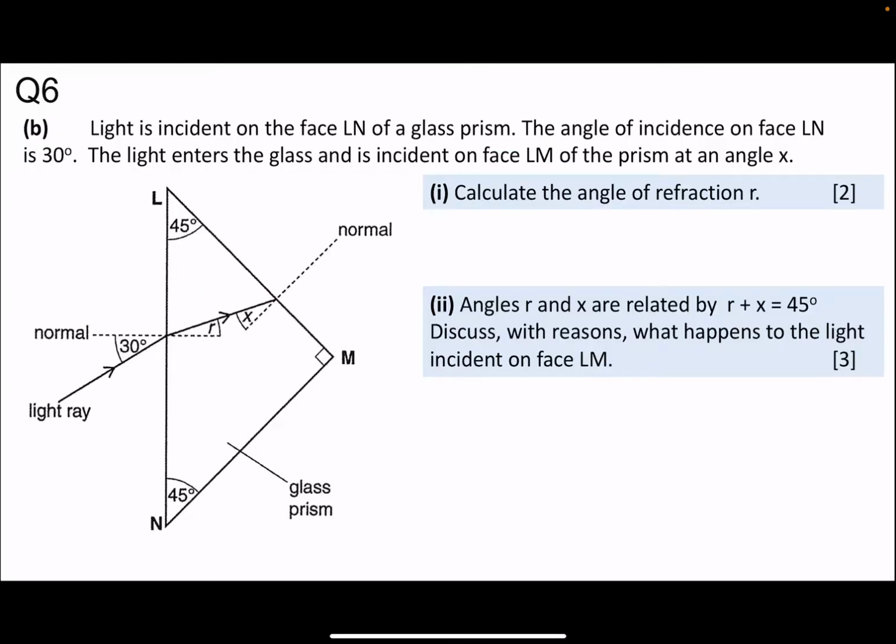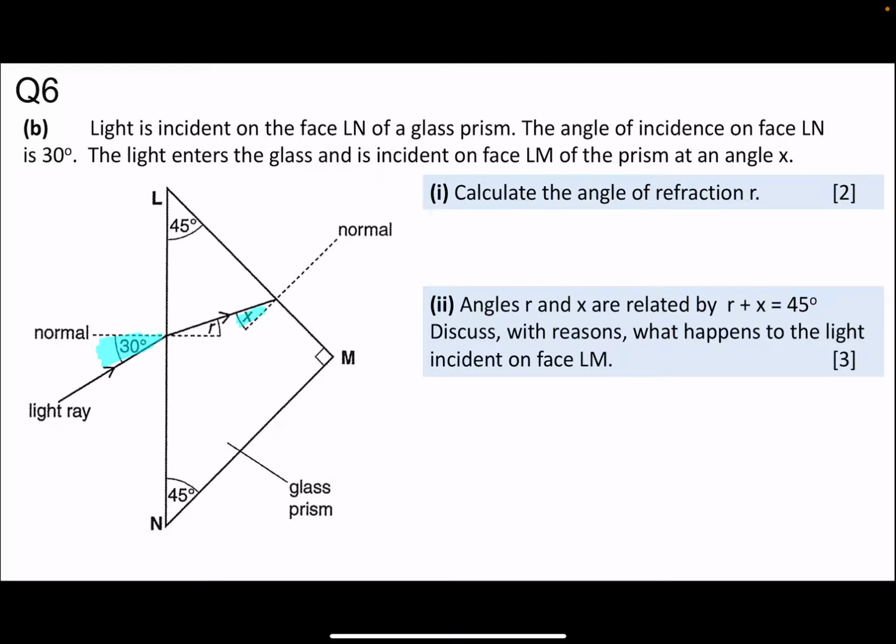In part B of the question, the light is incident on face LN of a glass prism. The angle of incidence on face LN is 30 degrees. The light enters the glass and is incident on the face LM at an angle of x. Calculate the angle of refraction r.